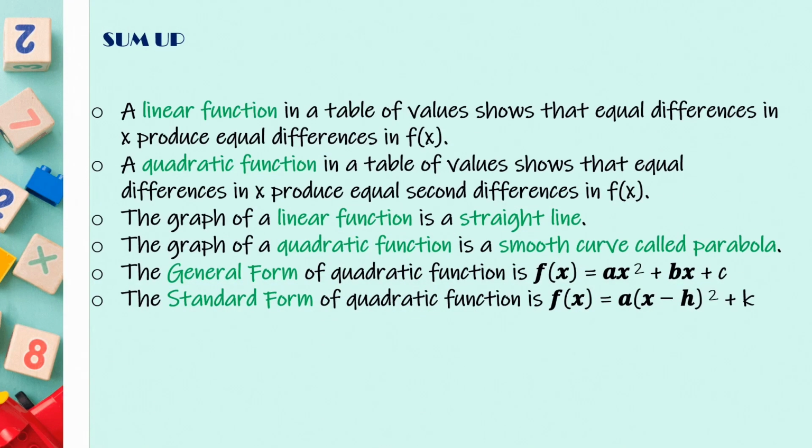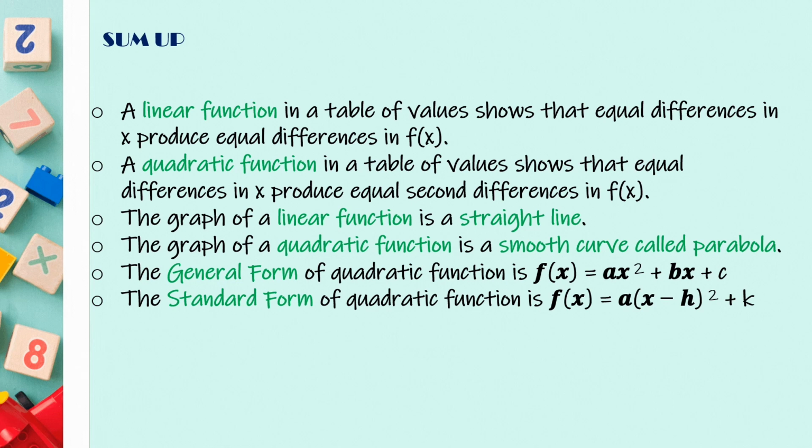To sum it up, a linear function in a table of values shows that equal differences in x produce equal differences in f(x). A quadratic function in a table of values shows that equal differences in x produce equal second differences in f(x).